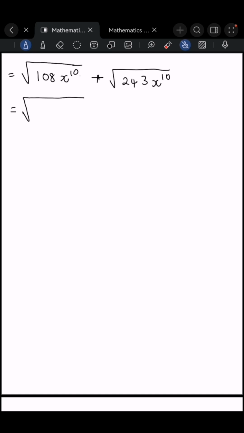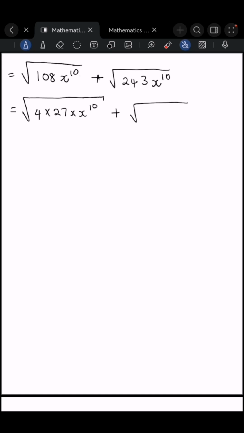108 is 4 times 27 times x to the power of 10 plus, right, 243 is going to be equal to, let me just try this one here.